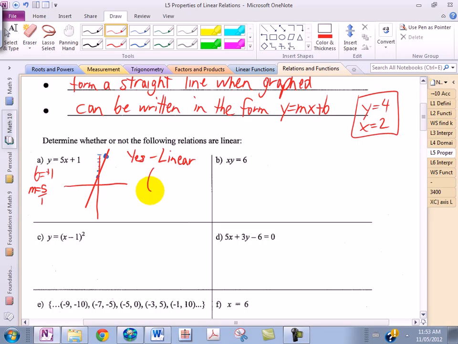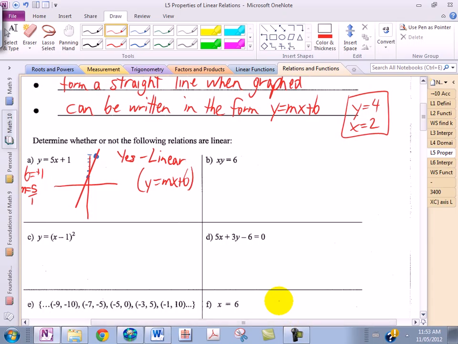Now you also know, because it's y equals mx plus b, but I always think we need more practice graphing. Okay, the next one. This one's a really cool one. You don't need to know this, but it's not linear, because it's not y equals mx plus b.